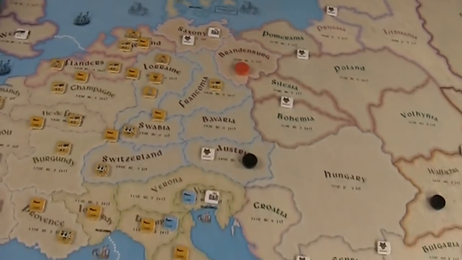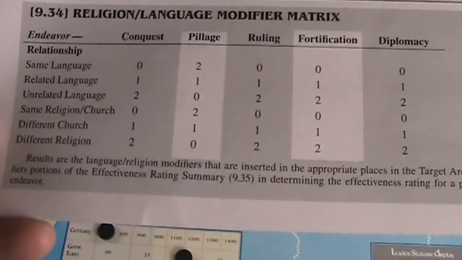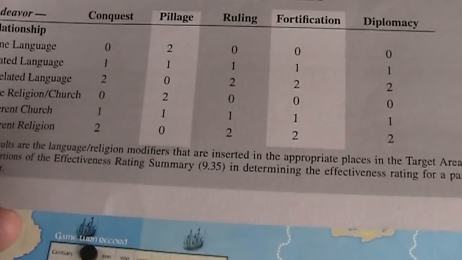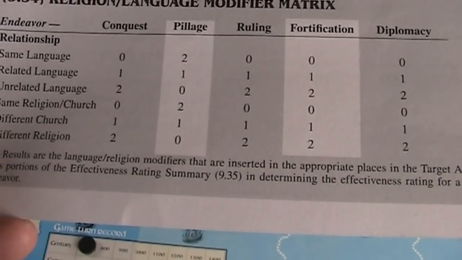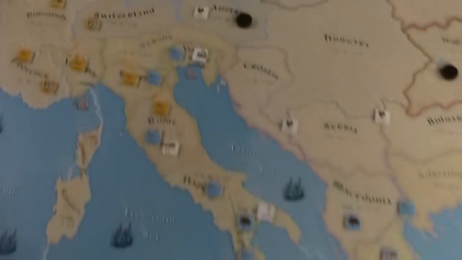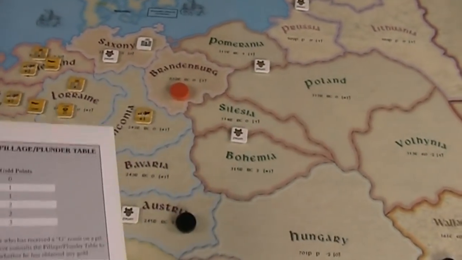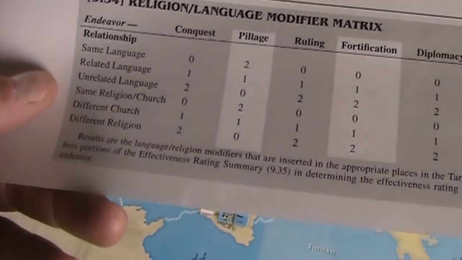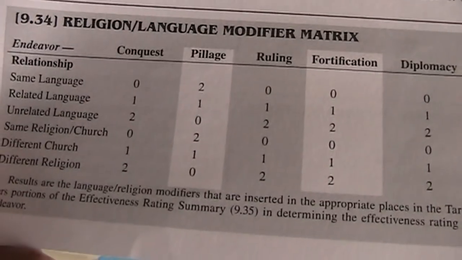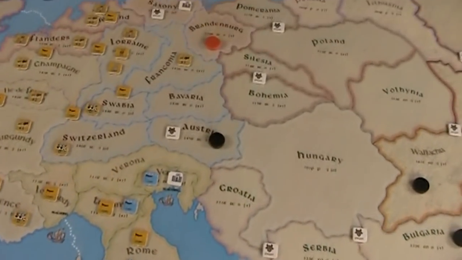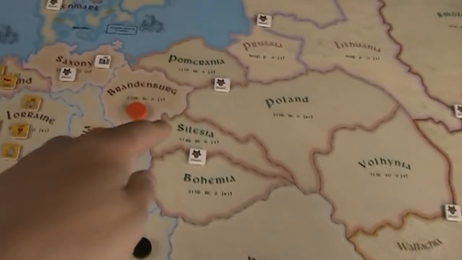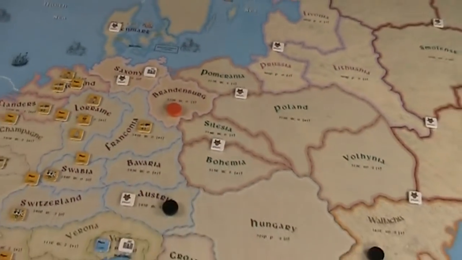But this time we have a different religion, it's pagan. So that would be a 2. So we would go down to 8. And we also have an unrelated language. That would bring us down to 6, because this is a Slavonic language zone.